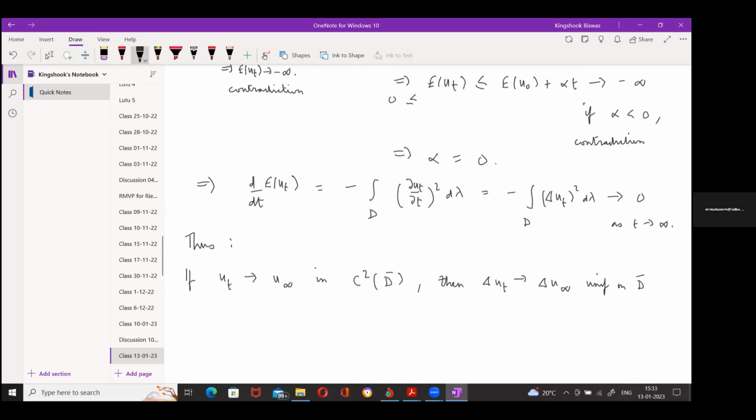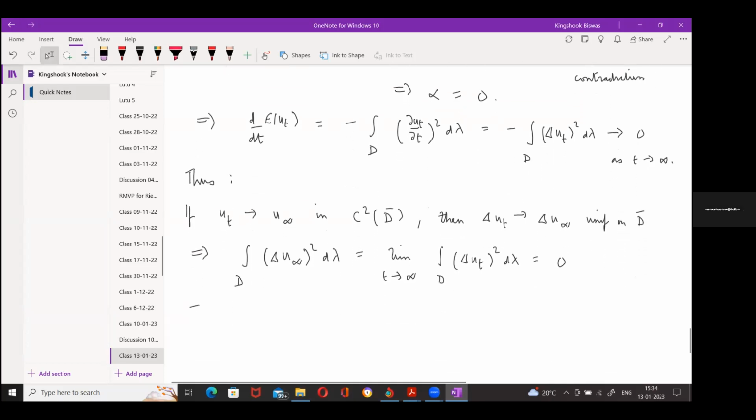And that will imply that the integral of the Laplacian of u infinity squared d lambda will be equal to the limit as t tends to infinity of the integral over D of the Laplacian of u_t squared d lambda, and that will be equal to 0. And that will imply that the Laplacian of u infinity is 0, right?